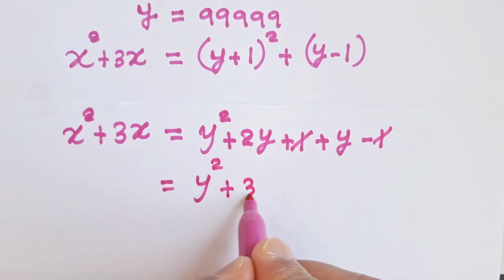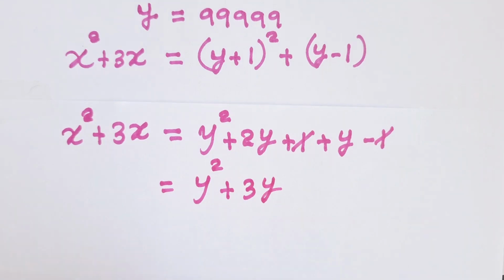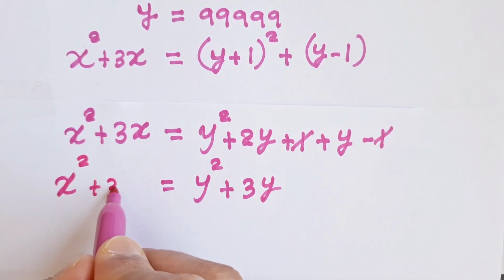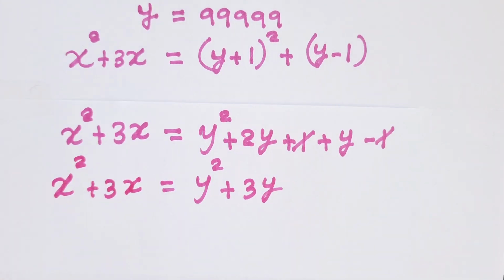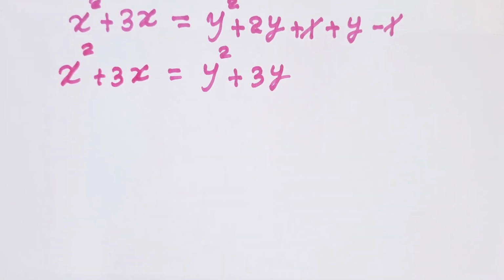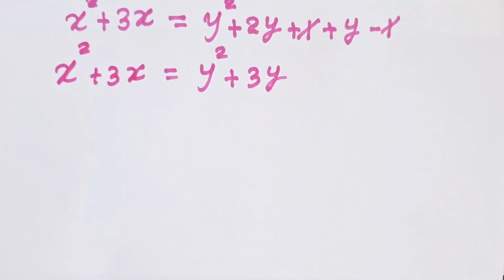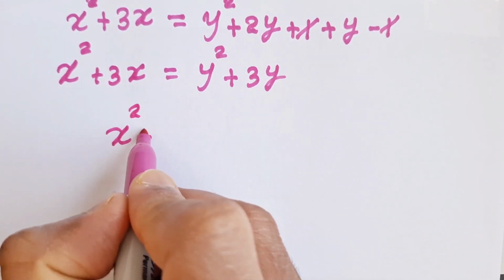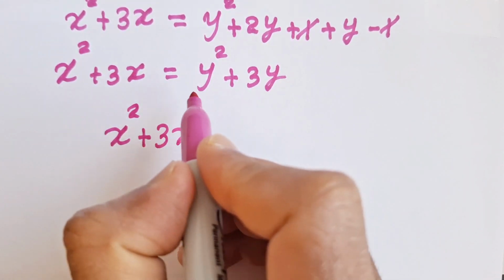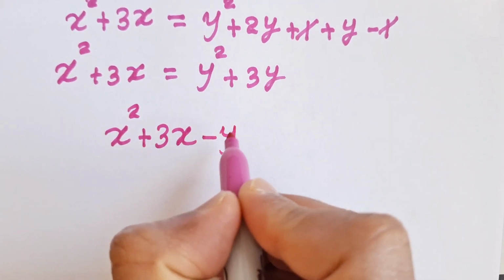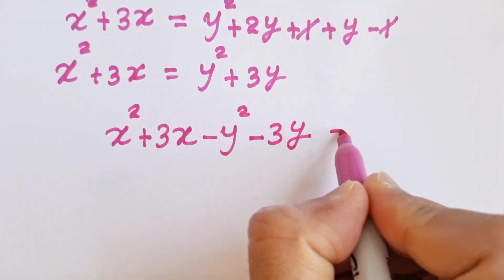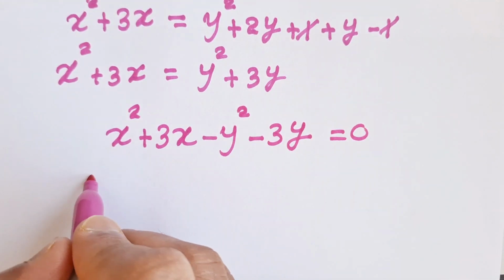Then right hand side we have y squared plus 3 times y. Left hand side we have x squared plus 3 times x. Now I am going to take all the variables to the left hand side. Then we have x to the power of 2 plus 3 times x minus y to the power of 2 minus 3 times y equal to 0.